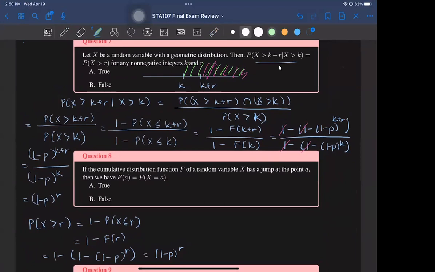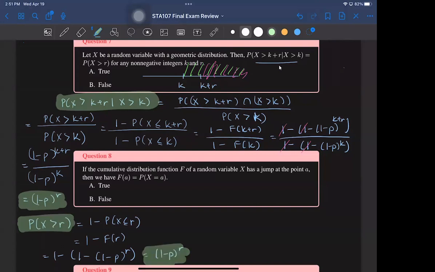So what I just showed is the probability of X greater than k plus r, given that X is greater than k, is equal to 1 minus p to the power of r. And the probability that X is greater than r is also 1 minus p to the power of r. Therefore, this one and this one are equal to each other.